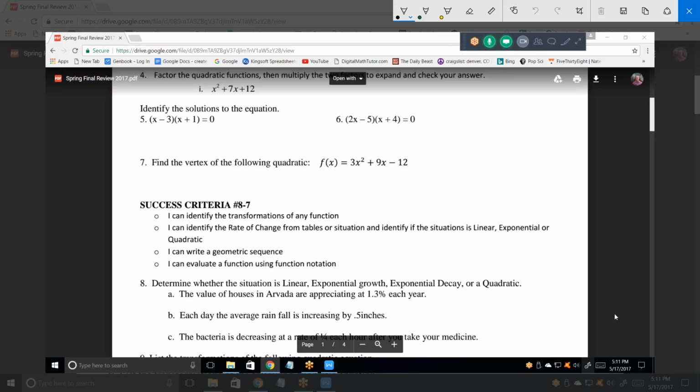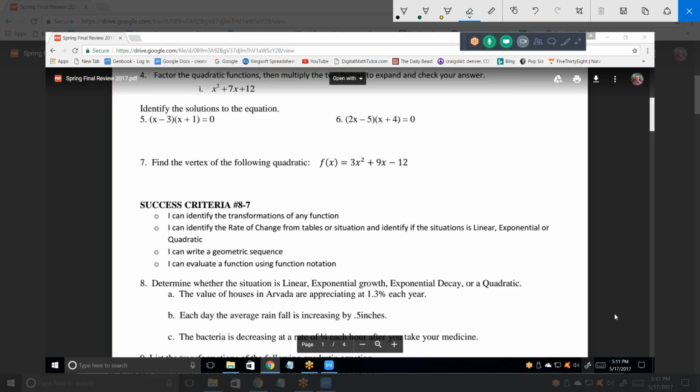Number 5, what are the solutions to the equation? Are we just expanding on it like last time? No. Here's the thing.